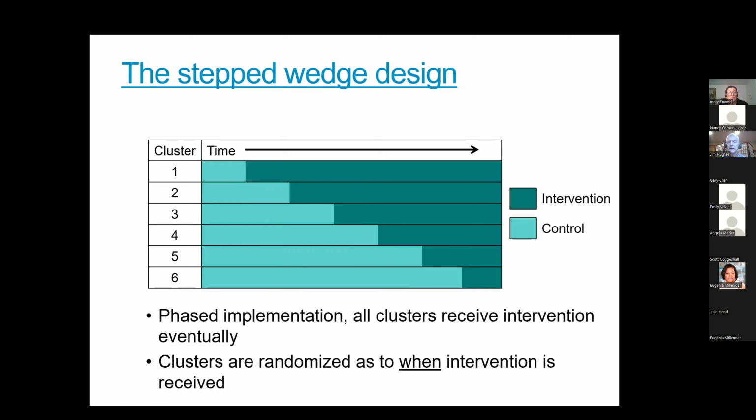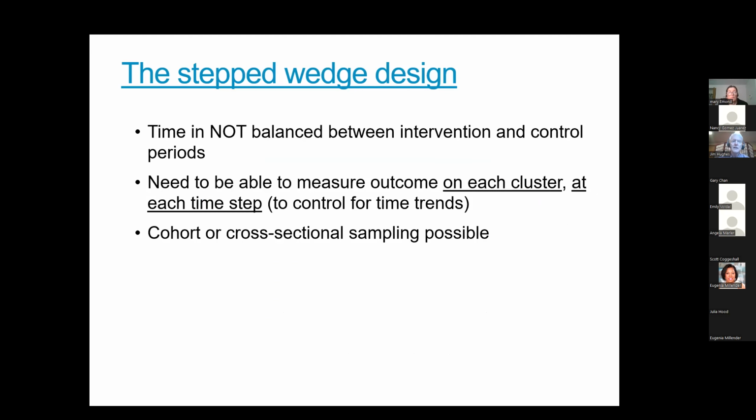And in fact, that is the key weakness of this design, is there is this intrinsic confounding between any underlying time trends and the introduction of the intervention that you then have to try and disentangle in the analysis.